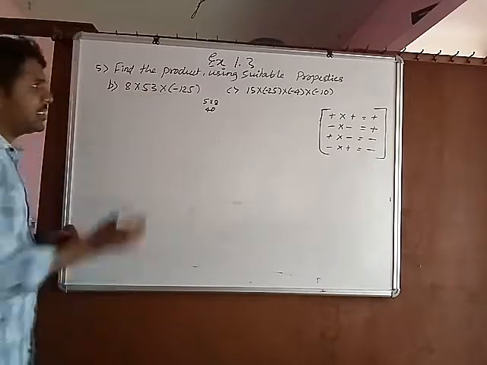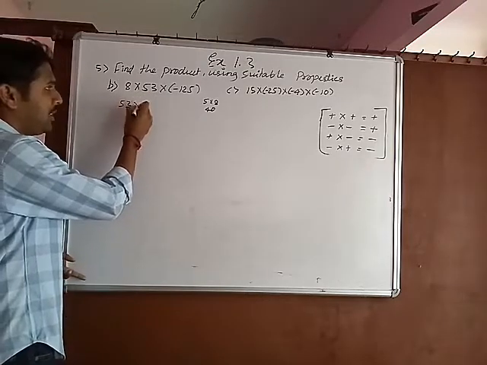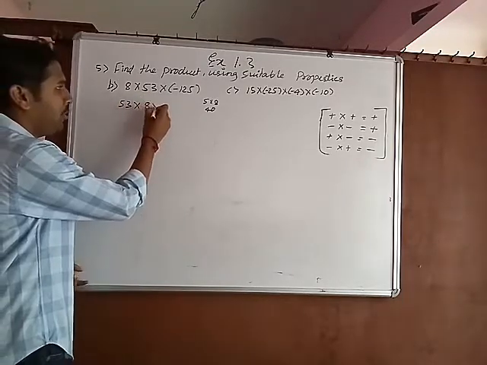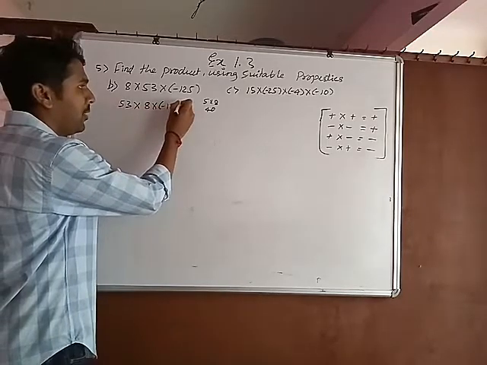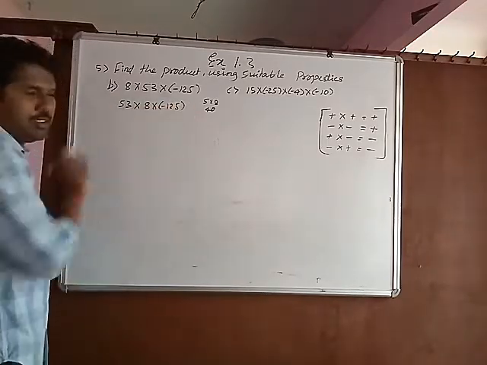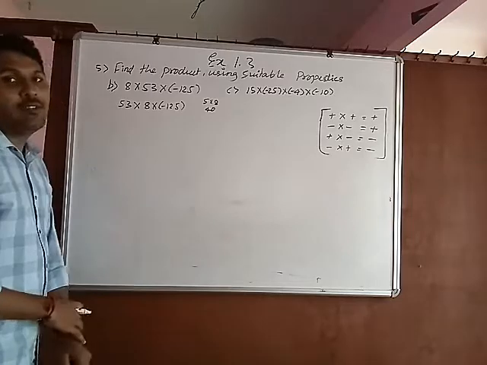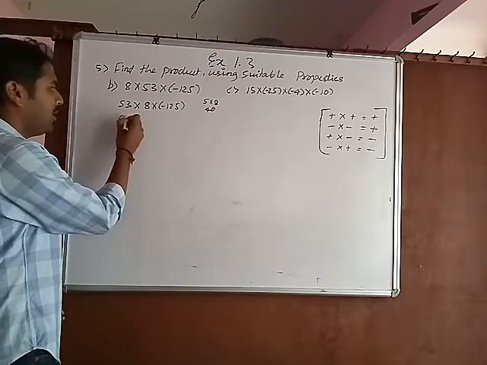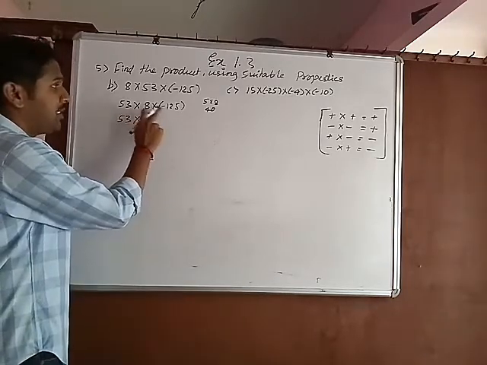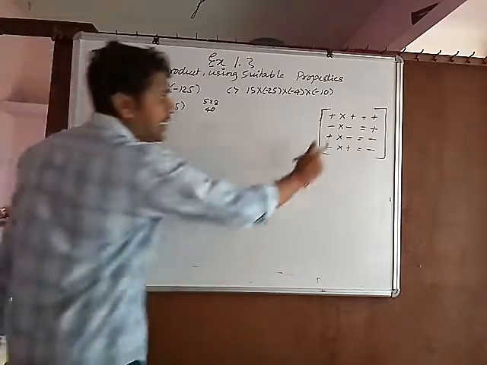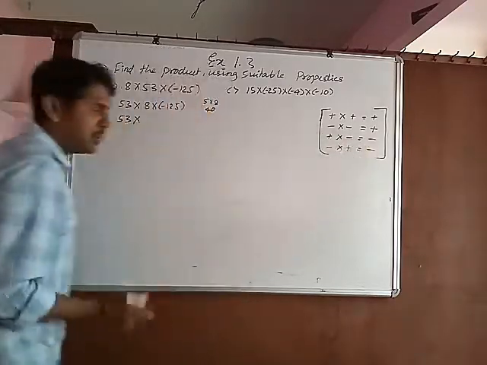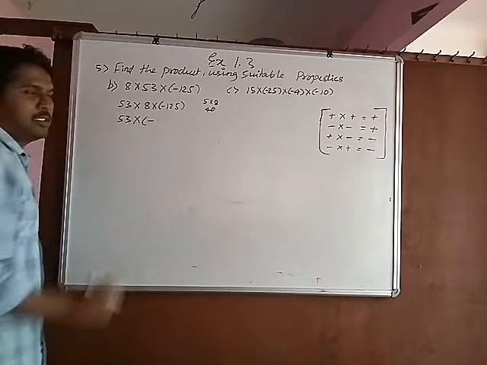So separate it first. 53 separate into 8 into minus 125. Only multiply 5. 5 into 8, 40. So now multiply 53. Here plus is there, here minus is there. Plus into minus, minus, no. So answer will be in minus.